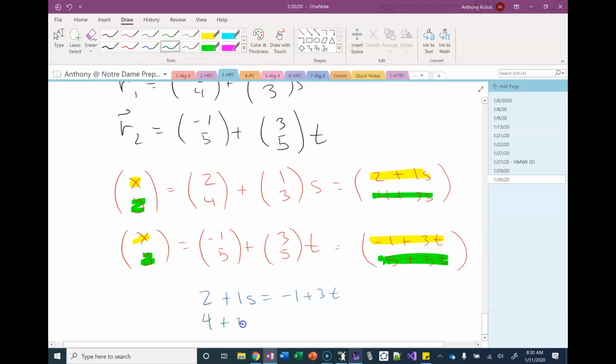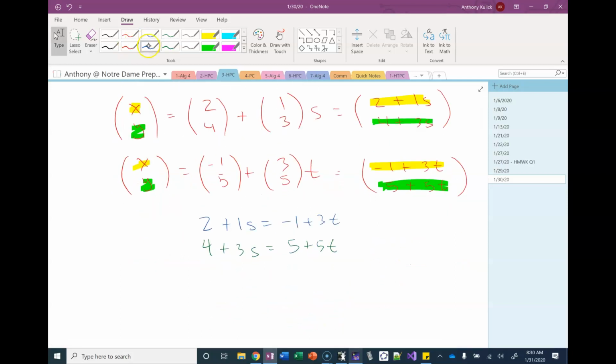So I can set those two things equal to each other. And what I'm going to do then is just rearrange these so that the variable stuff is on one side and the constant stuff is on the other side. So that's going to give me 1s minus 3t is equal to -3. And then 3s minus 5t is equal to 1.